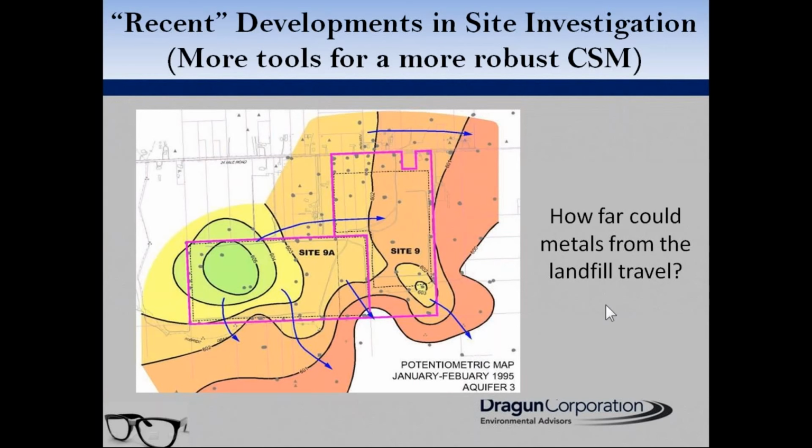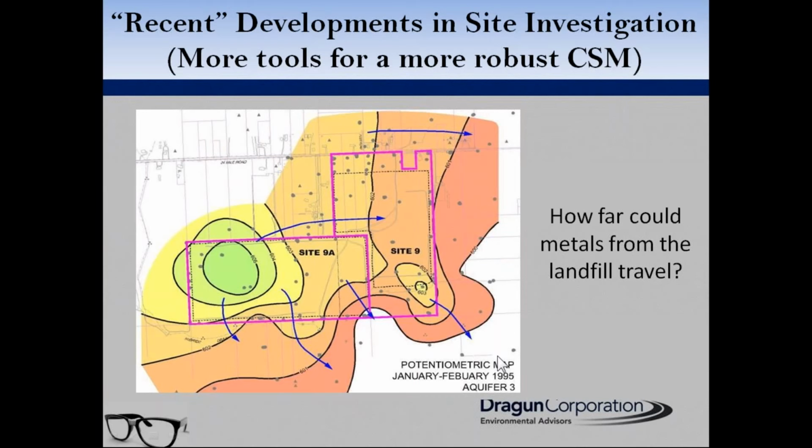And the regulators who were on the other side in the court case basically asserted that all of the metal impacts far away from the landfill were due to the landfill. But we didn't think that was true because the groundwater didn't flow that quickly. And how could we prove that?